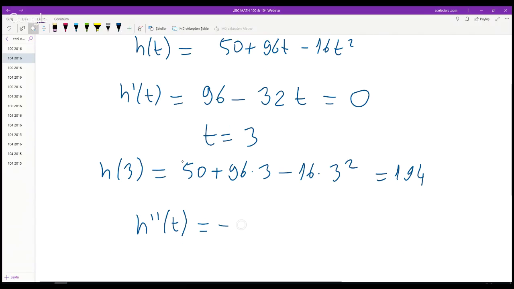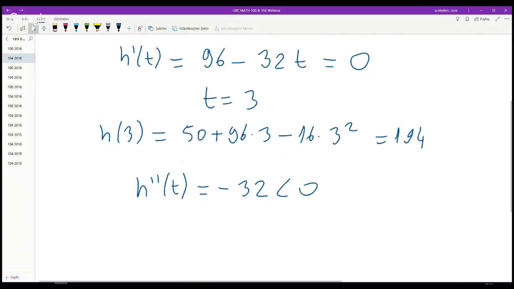The second derivative is minus 32, which is less than 0. And therefore, I know that this function has a concave shape like this, and the value where the derivative is 0 is the maximum value. Okay?